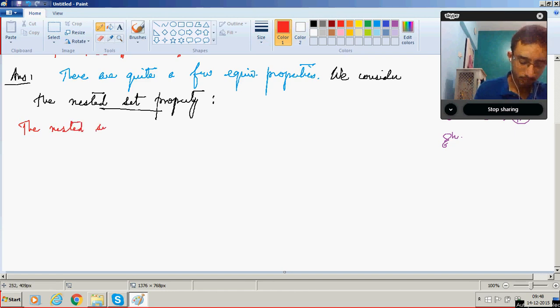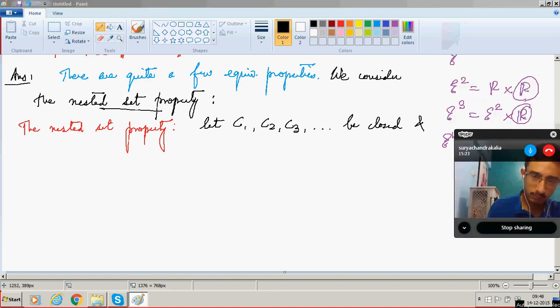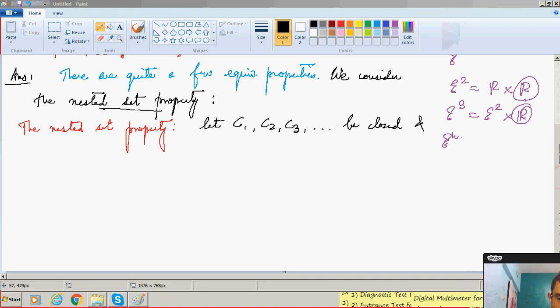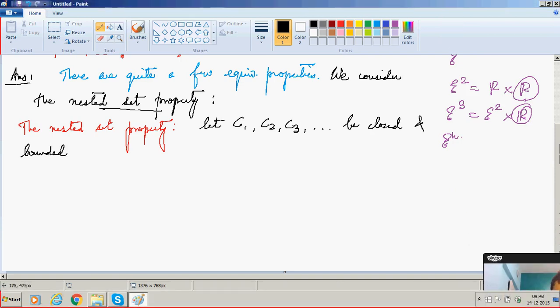The nested set property. Let C1, C2, C3, so on and so forth be closed and bounded sets, non-empty of course, such that C1 contains C2, contains C3, so on and so forth.